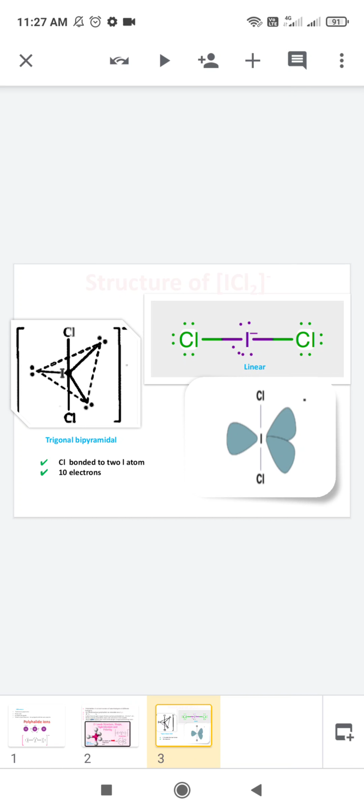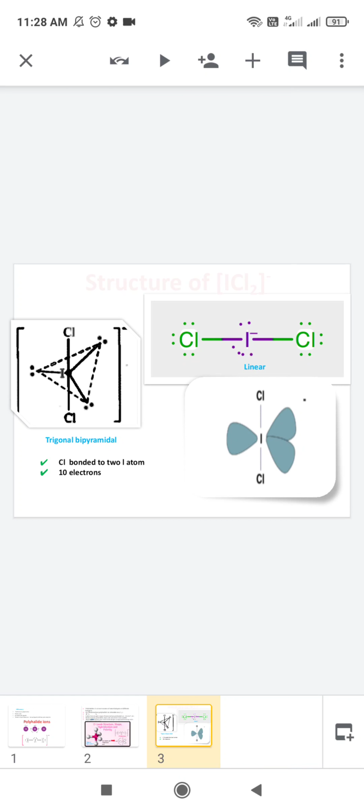As we discussed in the case of I3 minus, the I minus ion reacts with 2 chlorine atoms to form ICl2 minus, and iodine has 7 electrons and it acquires 2 electrons by the formation of the bond between iodine and chlorine. So the total number of electrons is 9 and one more electron is obtained from the negative charge. So the total number of electrons in ICl2 minus is 10 electrons.